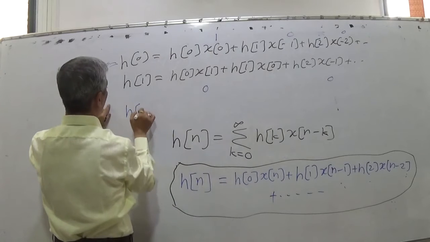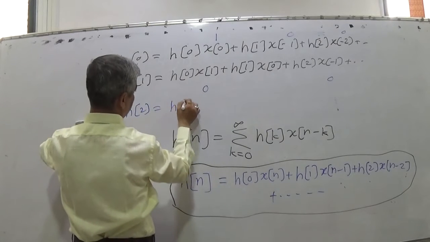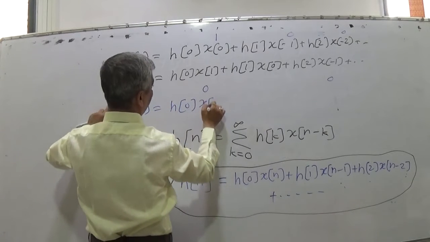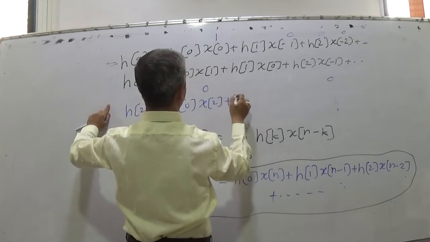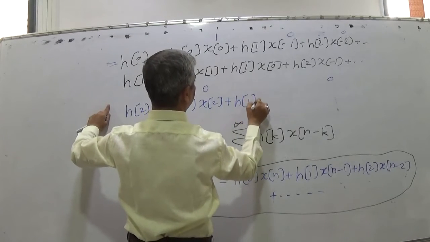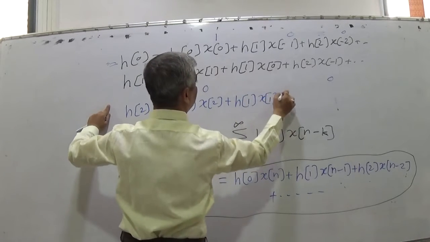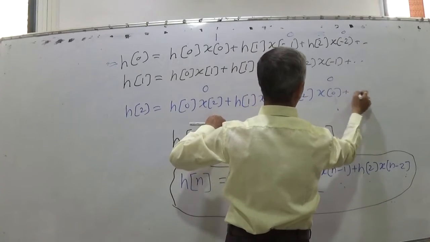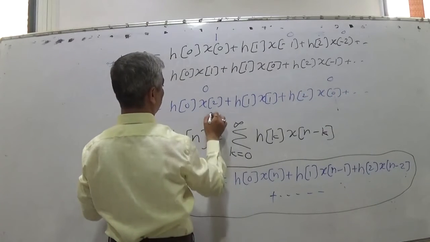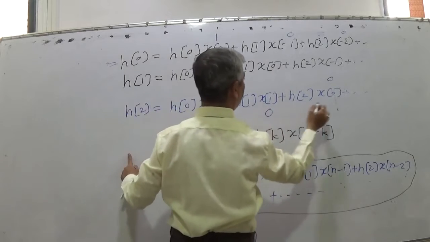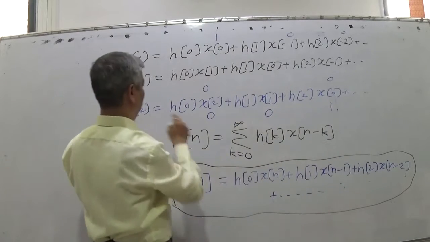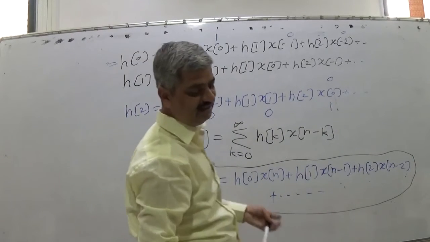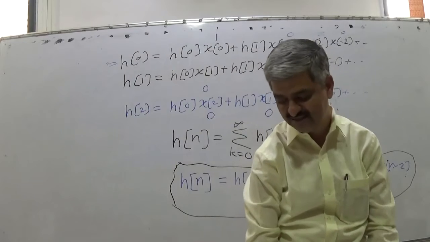If I want H2, again the same, this is always valid, H0 x2 plus H1 x1 plus H2 x0 plus so on. So what should be there? X2 should be 0, x1 should be 0, only x0 should be 1. Then both will match.